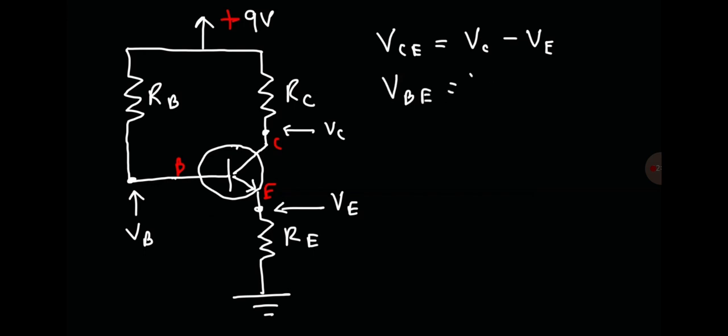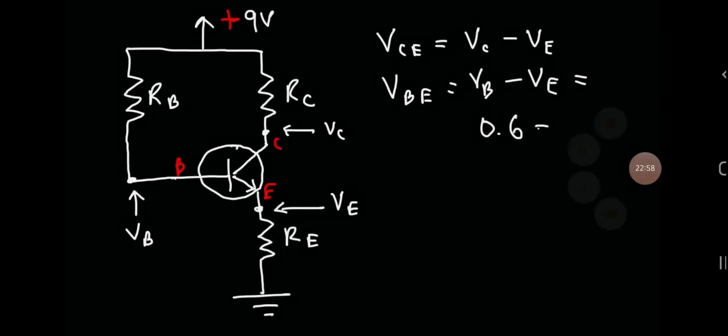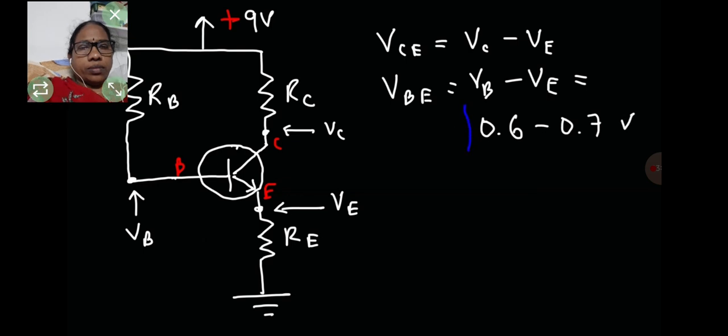So VBE is the difference between the potential at B and the potential at E. Now, for most NPN transistors, this is going to be somewhere between 0.6 and 0.7 volts. So this value is pretty constant. Therefore, you could use it when solving circuits involving transistors.